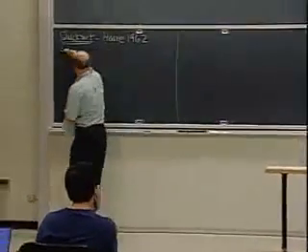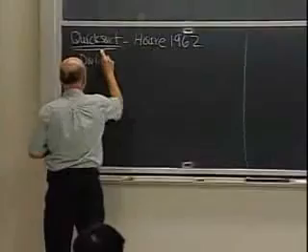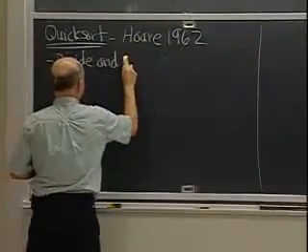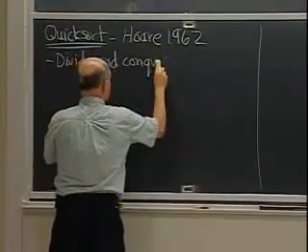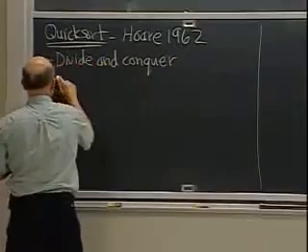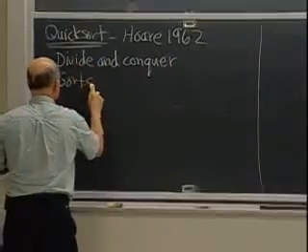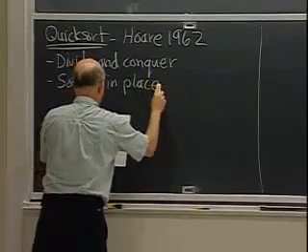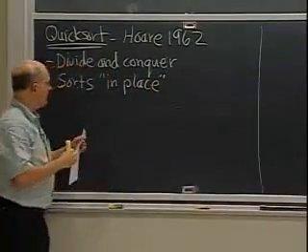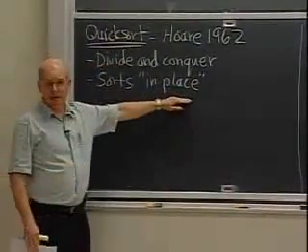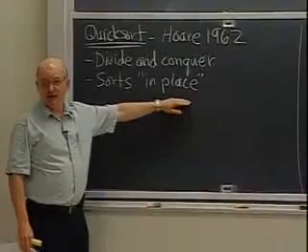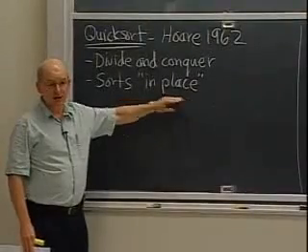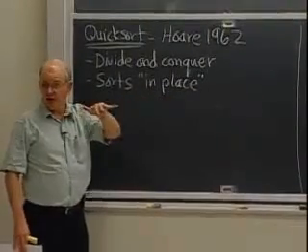So it's a divide and conquer algorithm. And it sorts, as they say, in place, meaning that it just rearranges the elements where they are. So that's like insertion sort, which rearranges elements where they are.